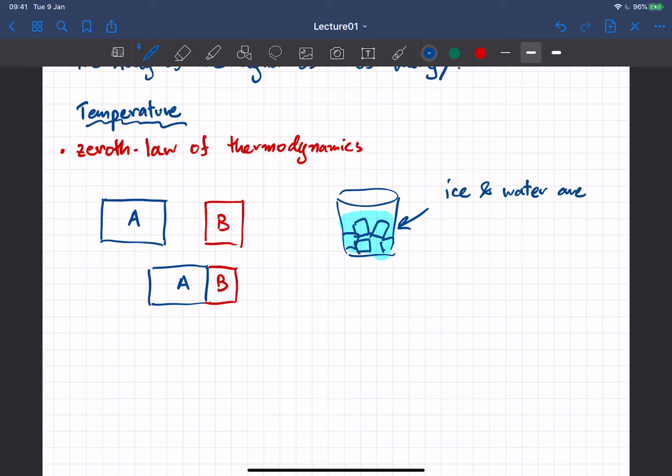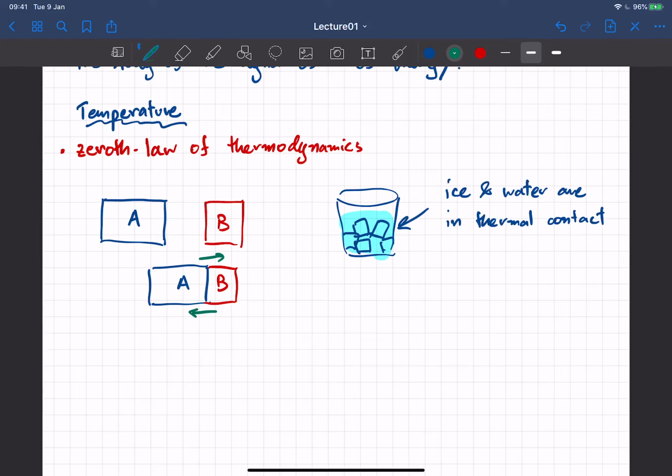In thermal contact means energy can flow from one object to the other object. So in this case, we have A and B. Okay, so in principle, you can have the flow of energy from A to B or from B to A. Okay, it can happen in both ways.